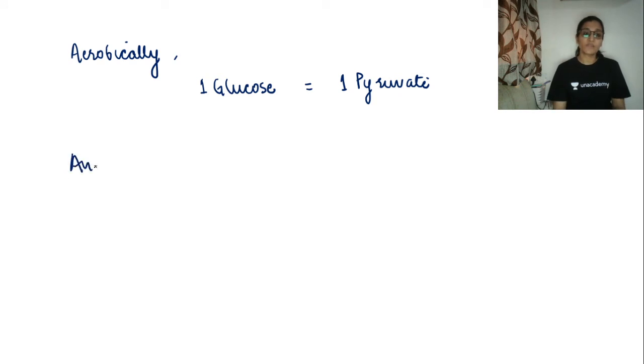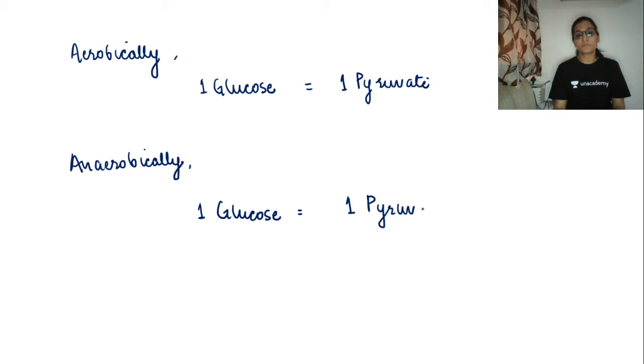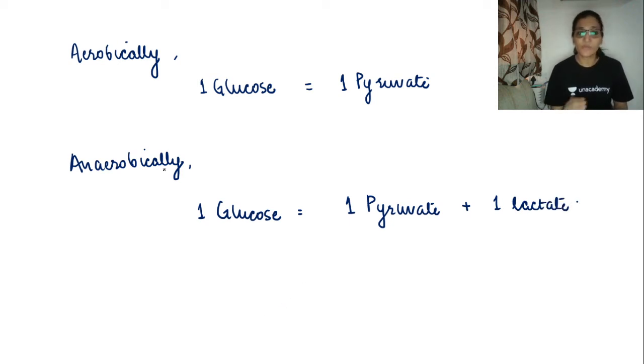Now if it is occurring anaerobically, one glucose will give rise to one pyruvate plus one lactate.